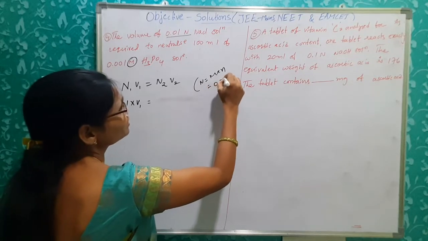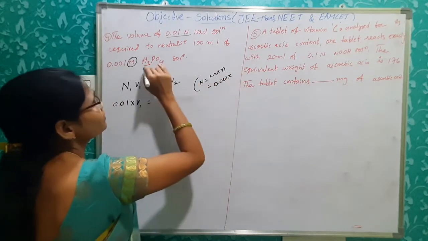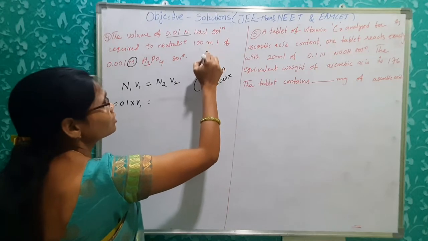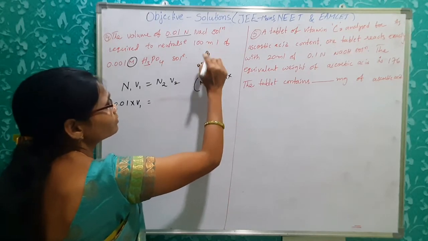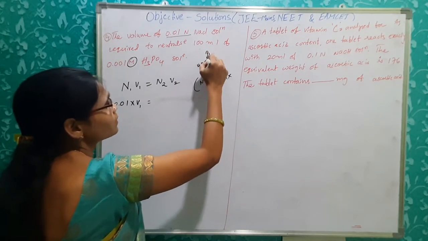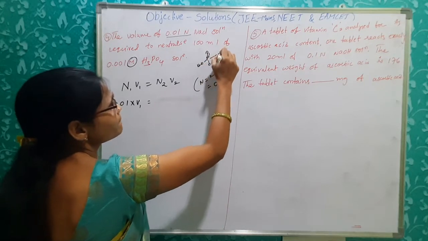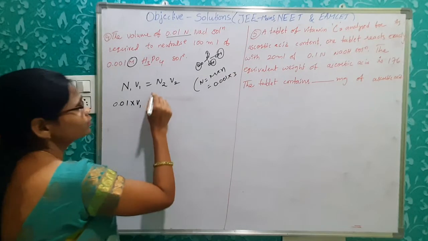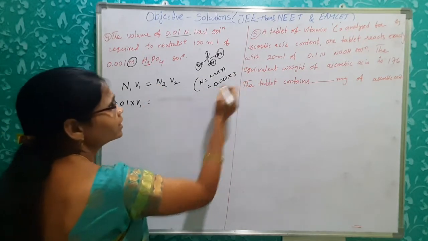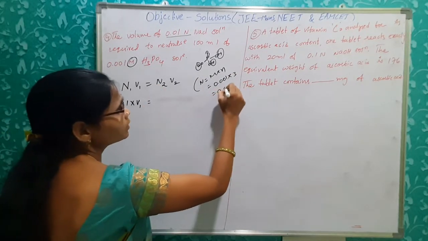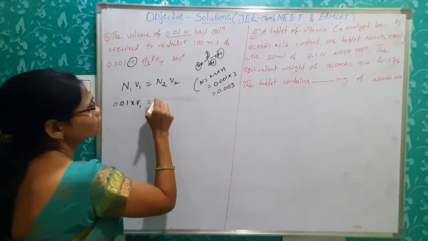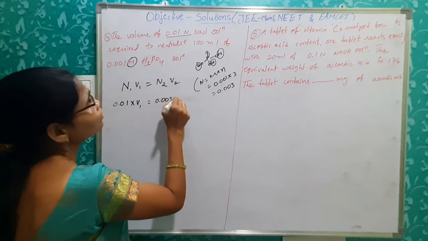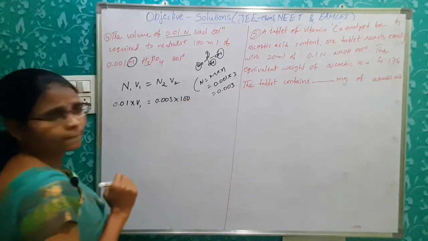Molarity is 0.001. n means, for phosphoric acid, basicity, how much? Number of replaceable hydrogen atoms, 3. Okay, 3. So simply instead of N2 we have to write 0.003 into volume 100 ml.